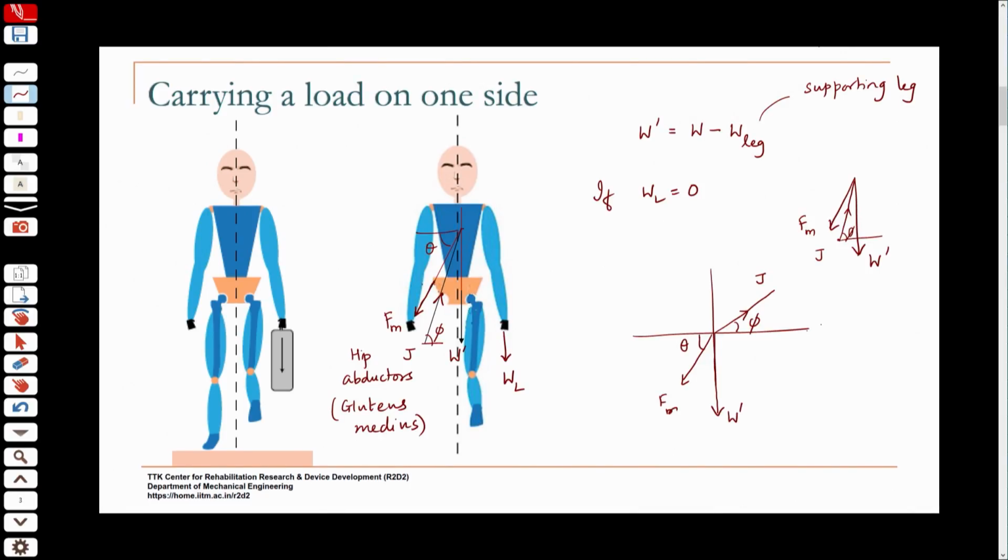So, Fm cos theta equal to J cos phi, and Fm sin theta plus W dash equal to J sin phi. Fm equal to W dash cos phi by cos theta sin phi minus sin theta cos phi, if I solve for Fm from there.